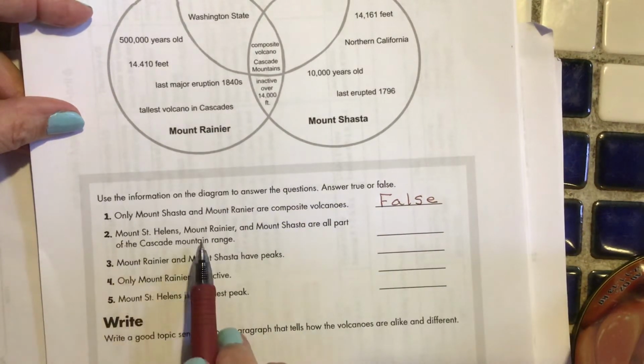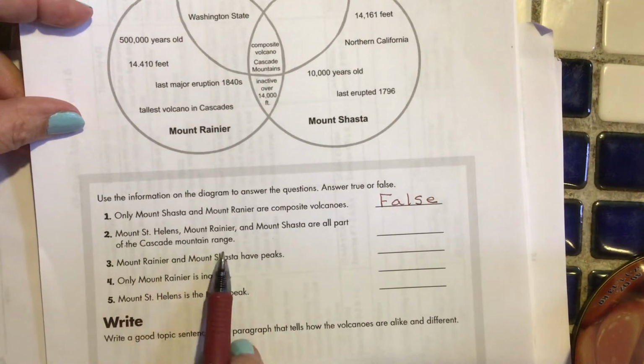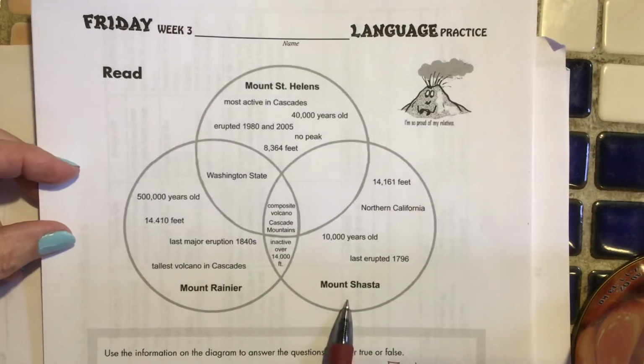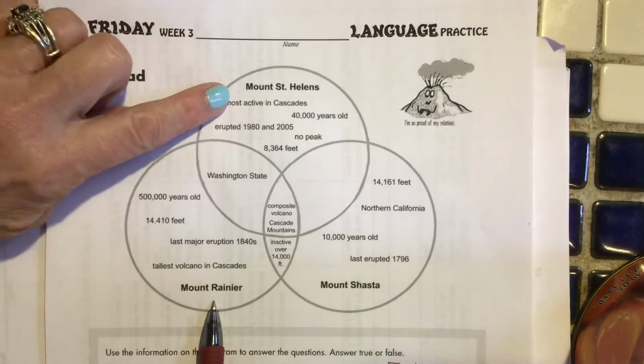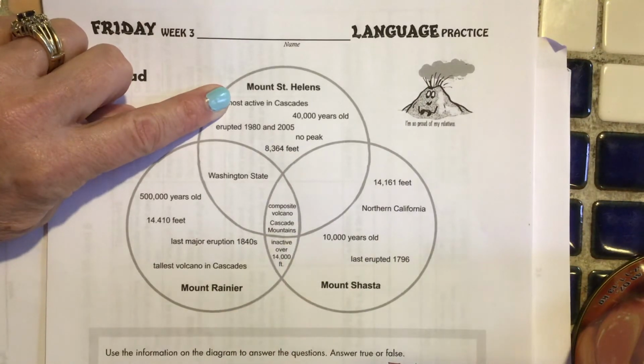Number 2, Mount St. Helens, Mount Rainier, and Mount Shasta are all part of the Cascade Mountain Range. Look at your diagram. Are Mount Shasta, Mount Rainier, and Mount St. Helens all part of the Cascade Mountain Range?